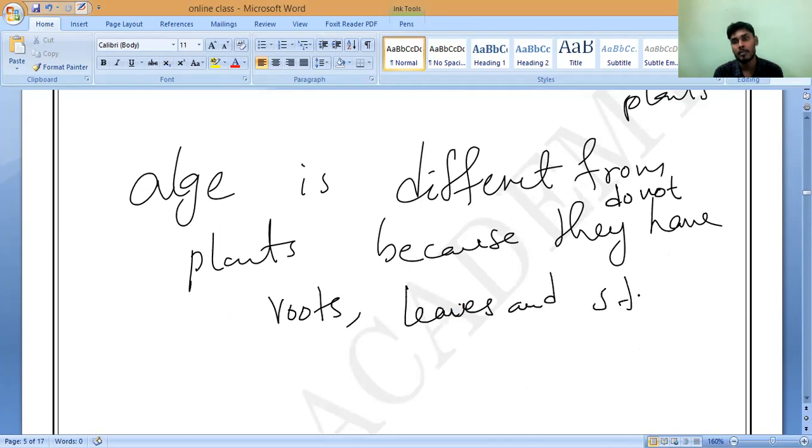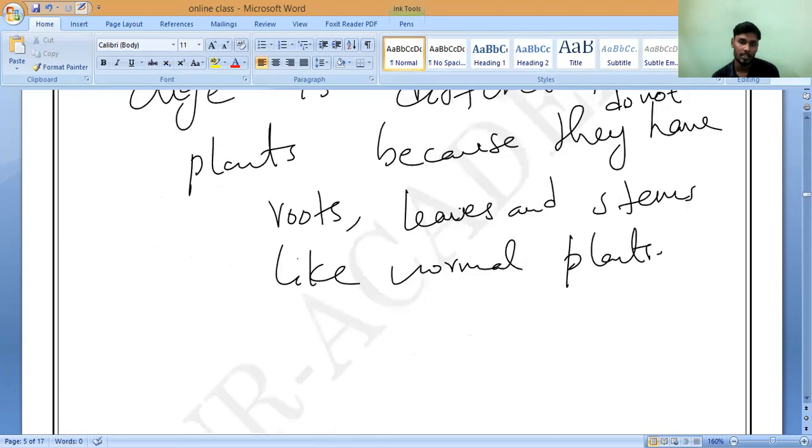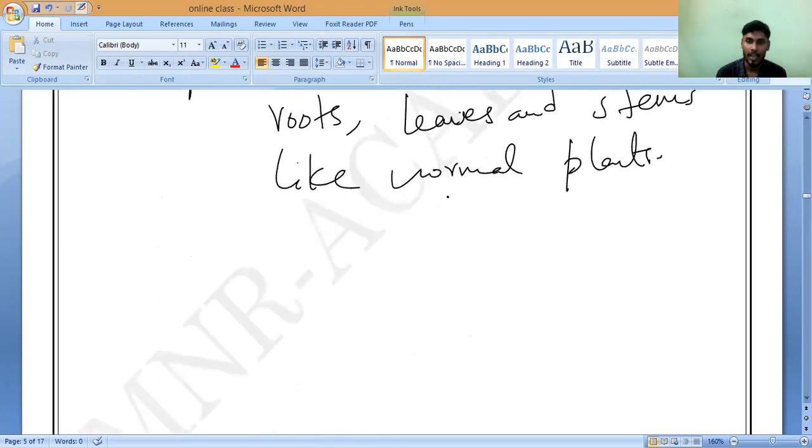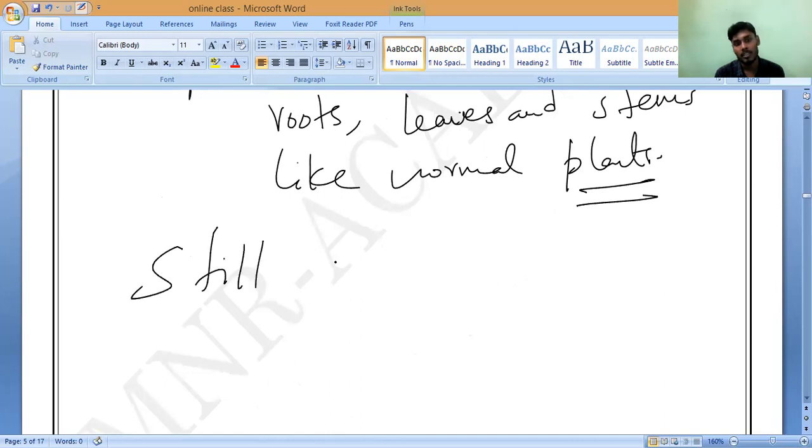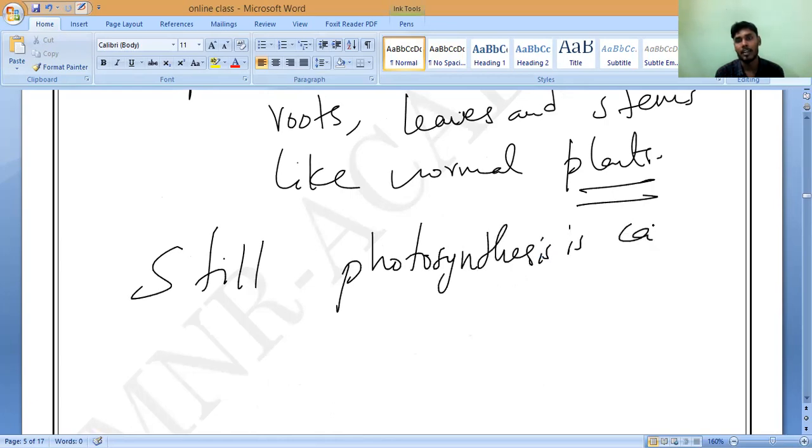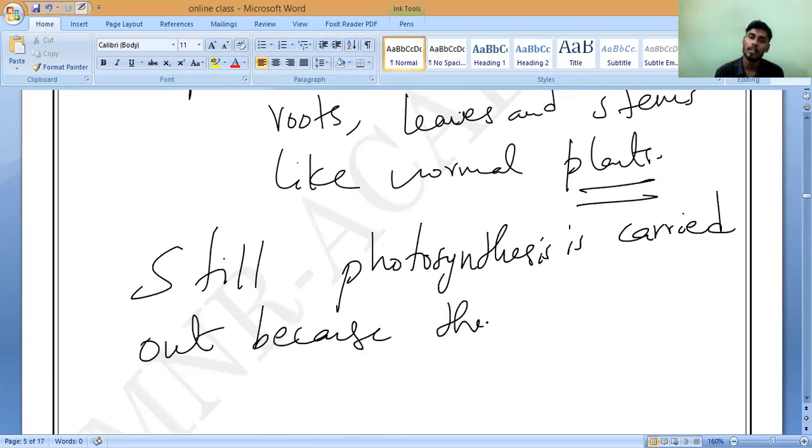and stems like normal plants. But still they will carry out the photosynthesis reaction. Why? Because they have chlorophyll. Photosynthesis is carried out because they also contain what?